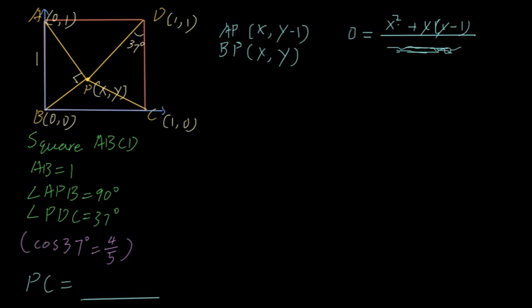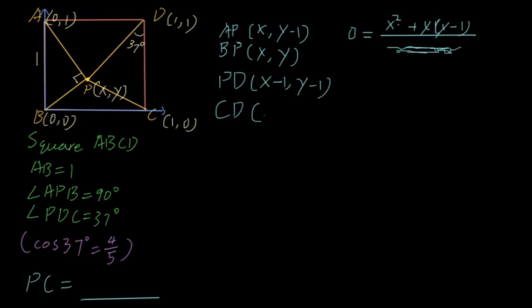So let's see what angle PDC can give us. So angle PDC is the angle between PD and CD. Let's say PD and CD go here. I'll write them a little bit larger so that they are prettier. And then PD has vector coordinates of x minus 1, y minus 1.